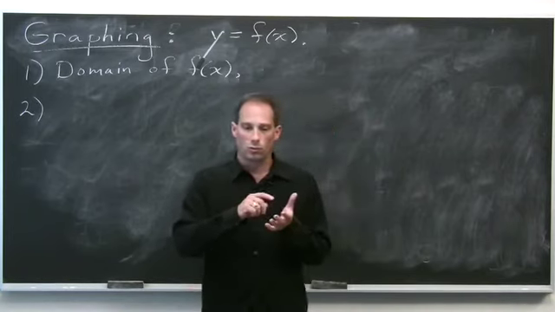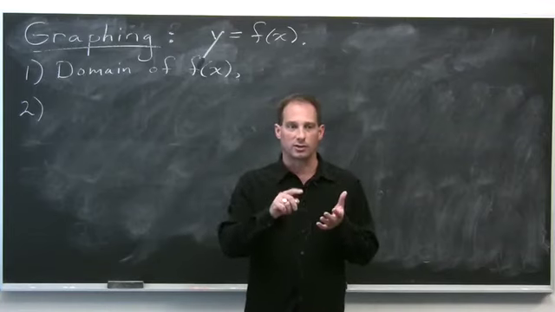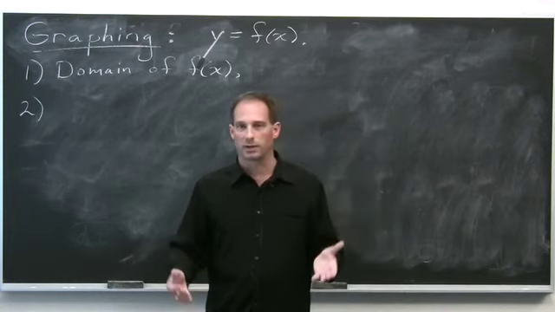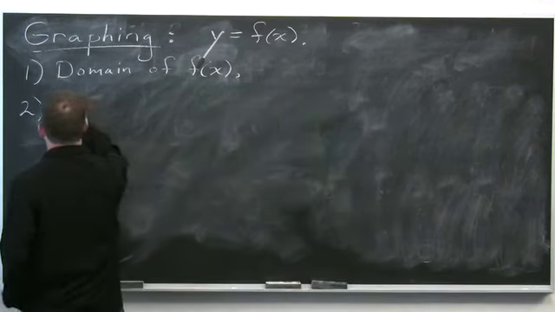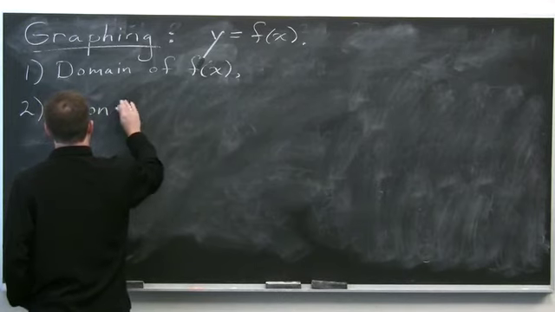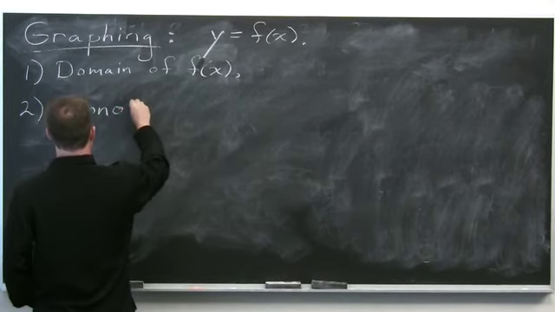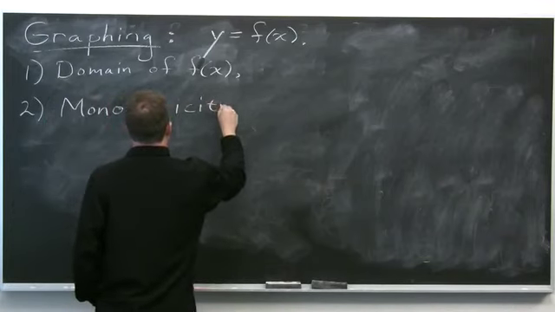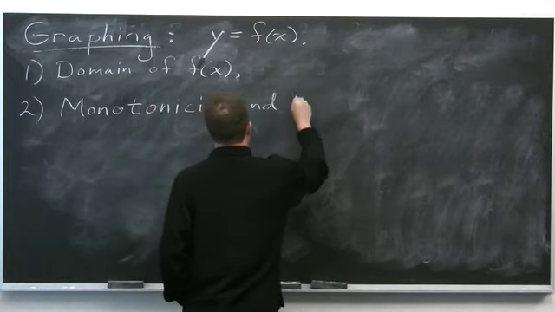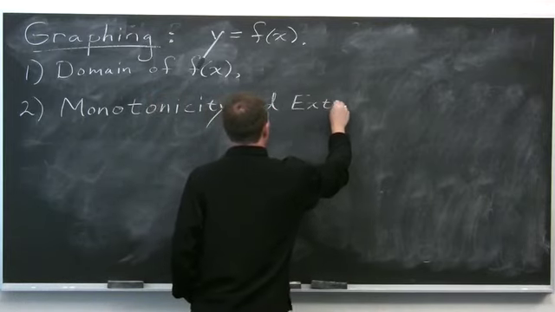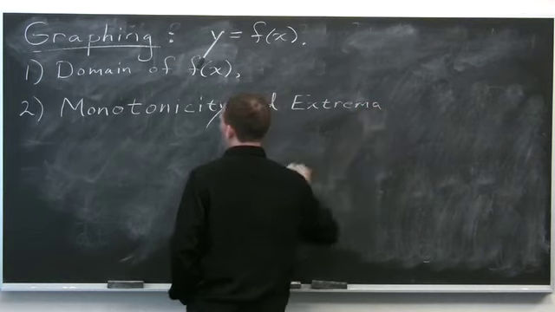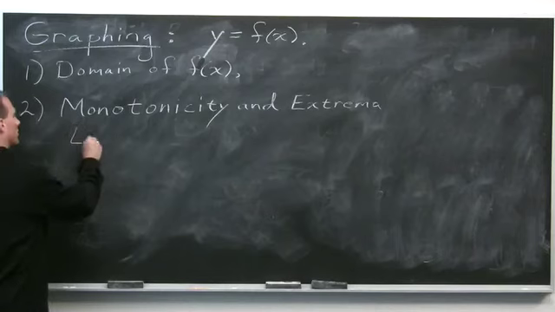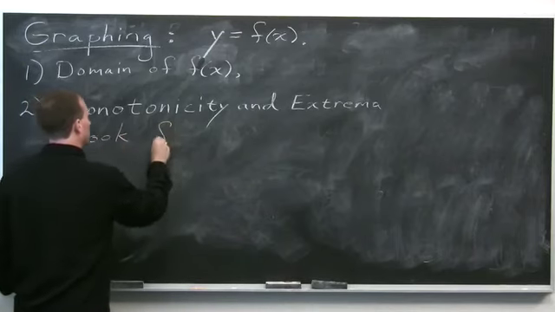And where the function changes from increasing to decreasing, or decreasing to increasing, we have these local extrema, local maxima and minima. So this is the second thing, a cool word, monotonicity. Monotonicity and extrema. So monotone is where it's increasing, where it's decreasing, and extrema are the local maxima and minima. We want to find those, and here you look at f prime to do these.